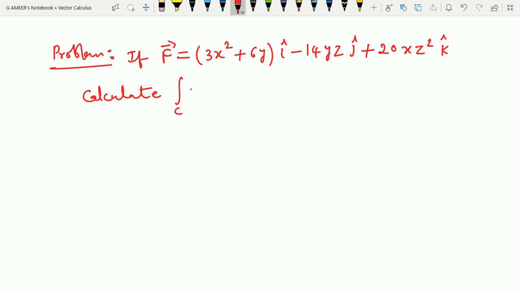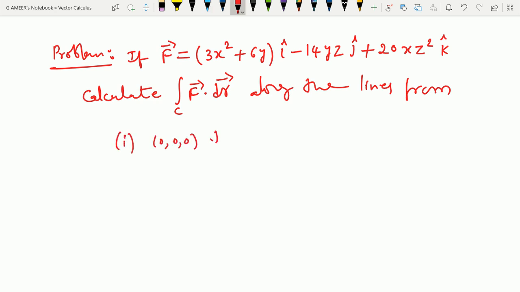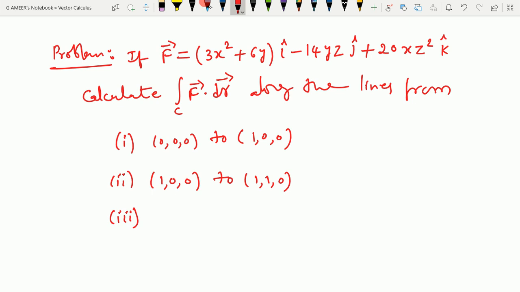Calculate the integration along the curve, F dot dr, the line integral along the lines: first one from 0 0 0 to 1 0 0, then second from 1 0 0 to 1 1 0, then third one is 1 1 0 to 1 1 1.